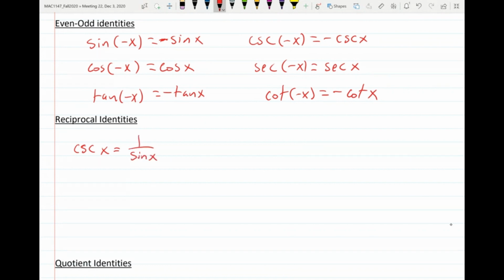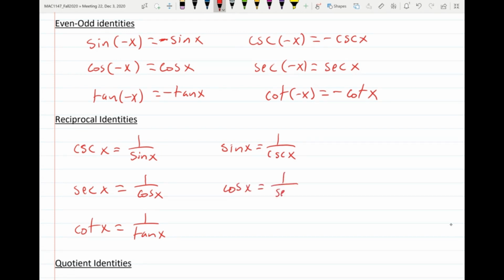The secant of x, remember, was 1 over cosine, and cotangent of x was 1 over tangent. But therefore, you also have the fact that sine is 1 over cosecant, cosine is 1 over secant, and tangent is 1 over cotangent.